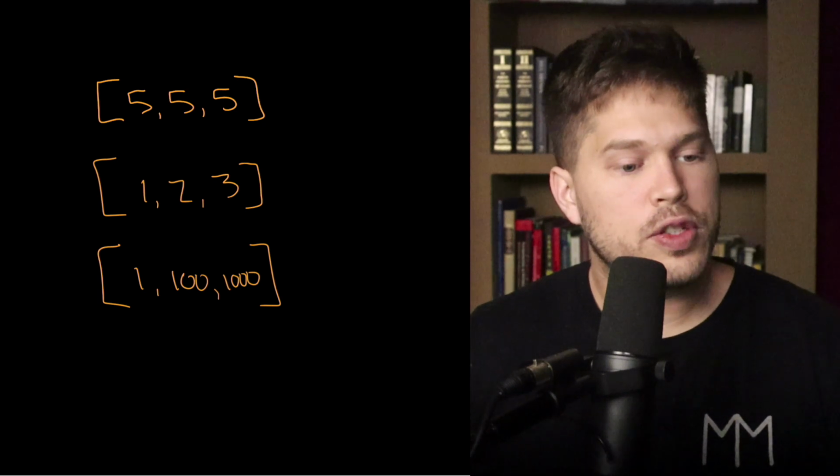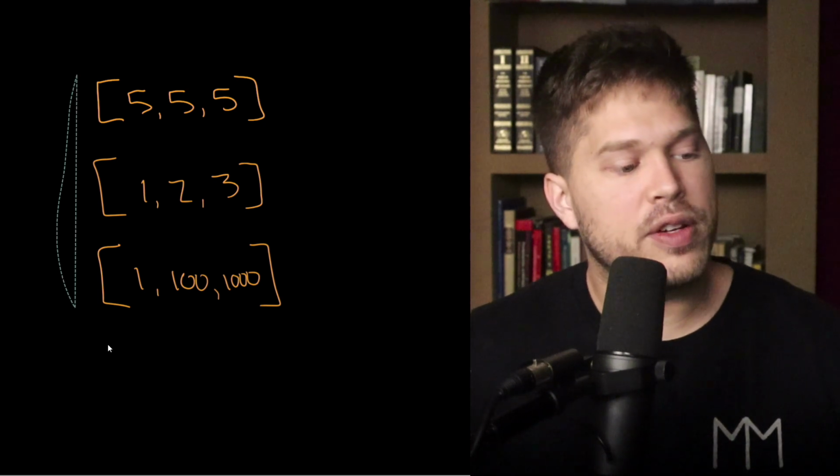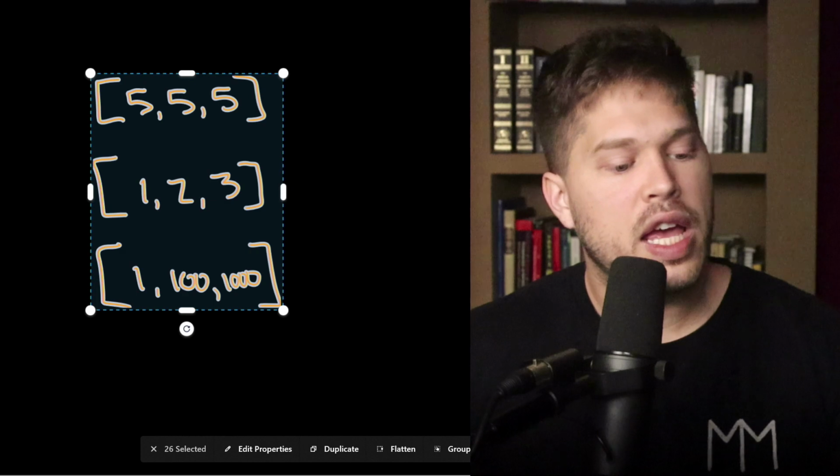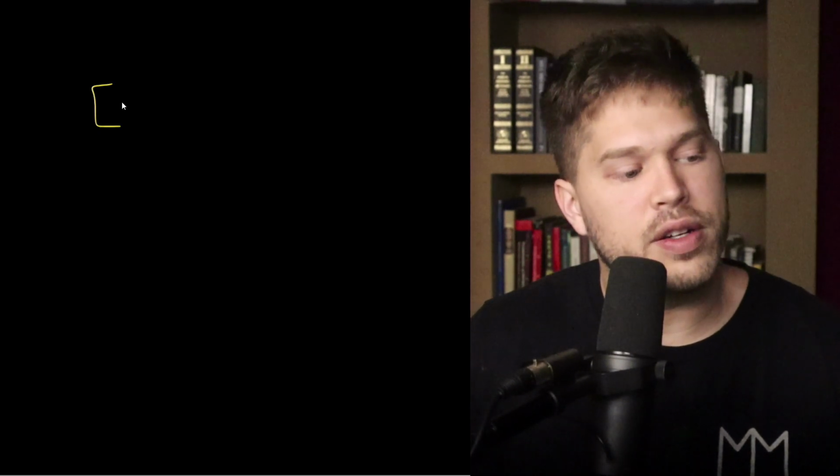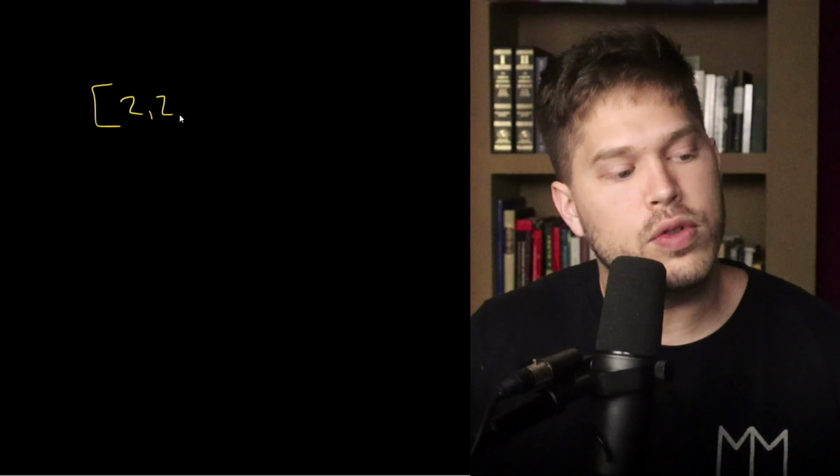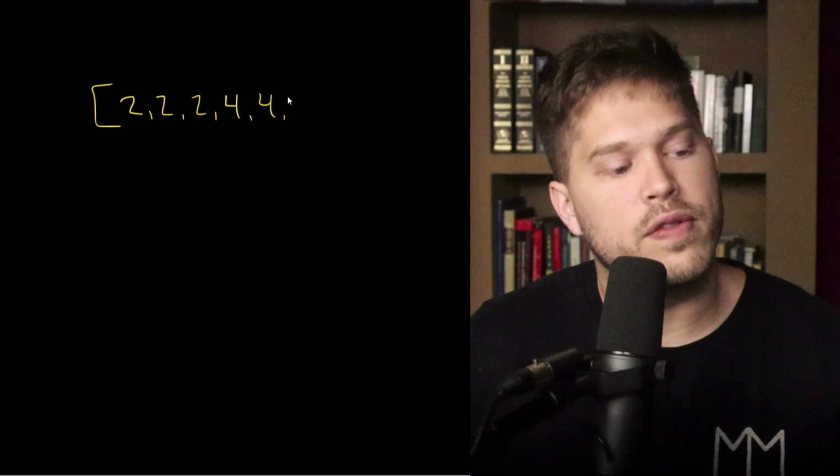Okay, let's also quickly talk about how your standard deviation would be affected if we introduced a new value to our list. So let's say we have a list of values. Let's make our list 2, 2, 2, 4, 4, 4.